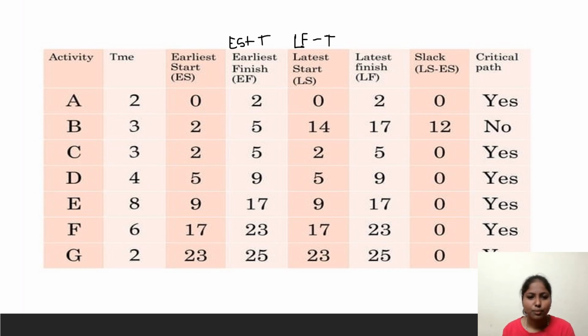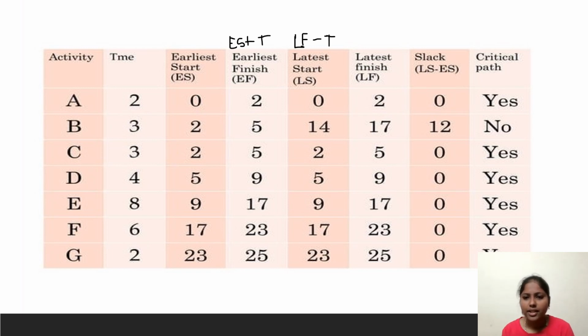Likewise, 2 plus 3 is 5, 3 plus 2 is 5. And the latest start is the latest finish minus time, which is 2 minus 2 is 0, 17 minus 3 is 14, 5 minus 3 is 2. Likewise, it is found. Then the latest finish we can take from there.